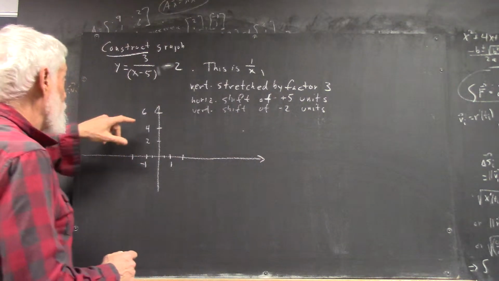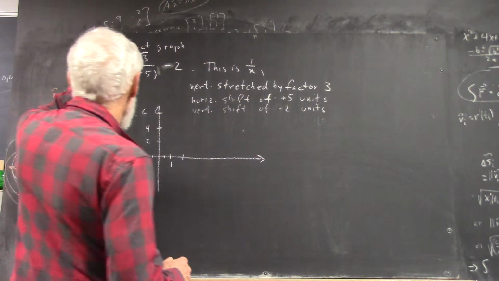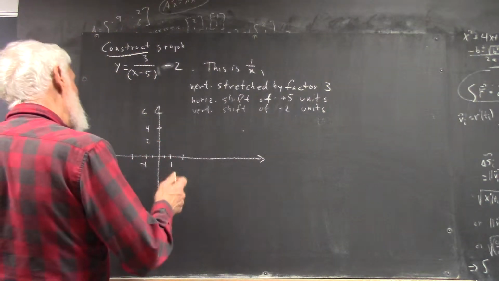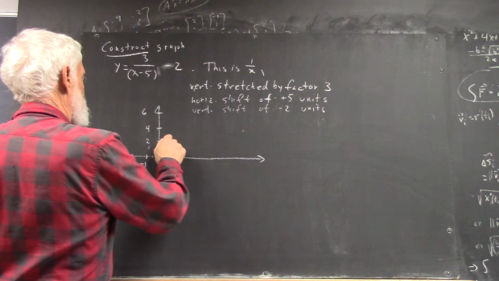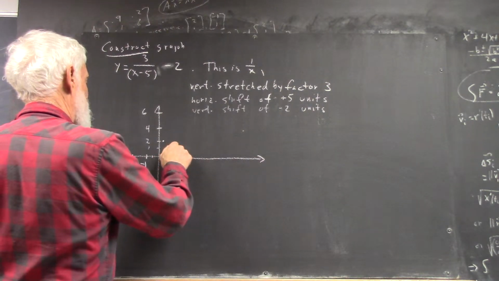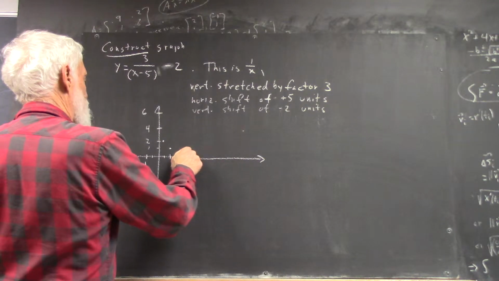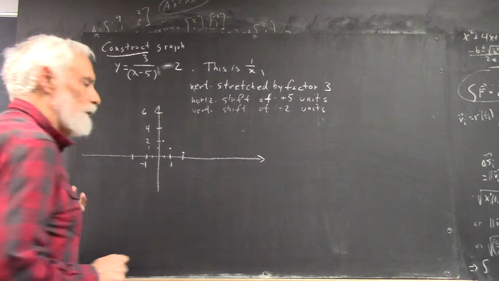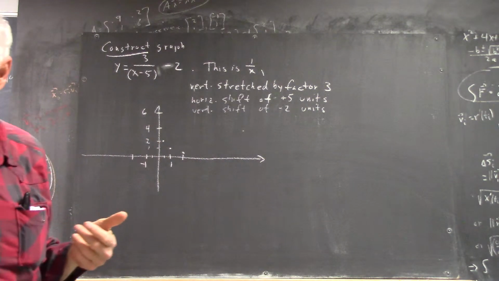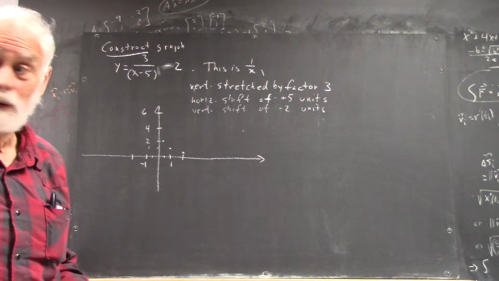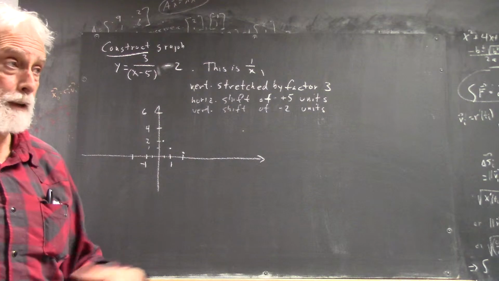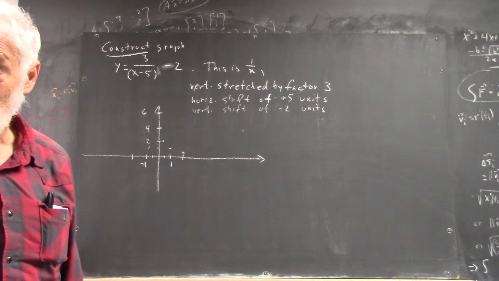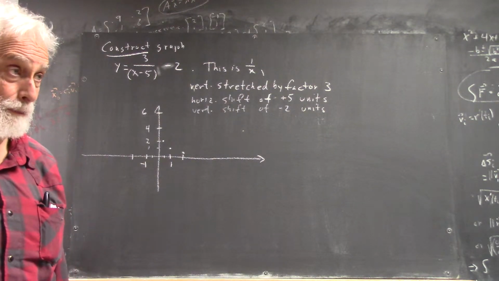Okay, so my points, well, this is going to be 1, and I don't have to make the table this time because I really shouldn't have to make the table to graph any basic function. You shouldn't have to make a table to graph any basic function by this point in the course because you've already made it dozens of times and you already know what the numbers are going to be.